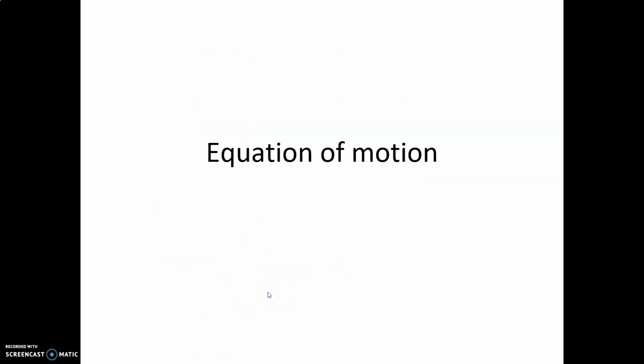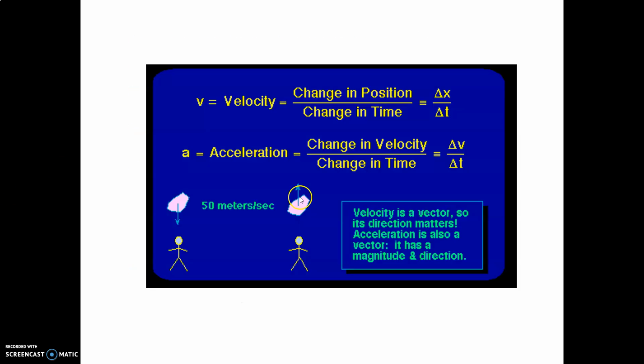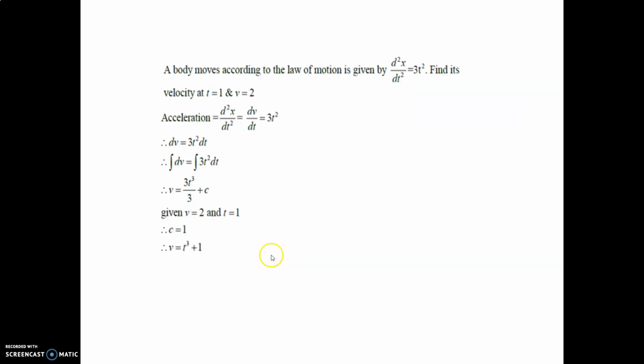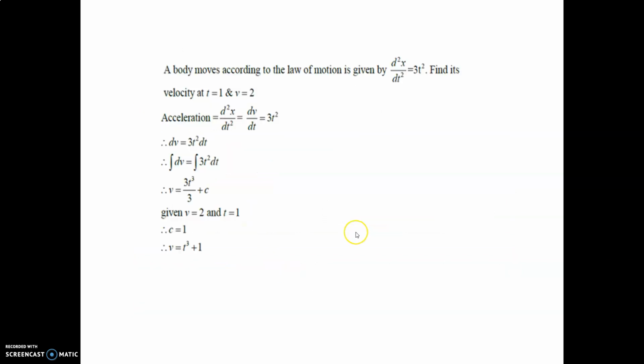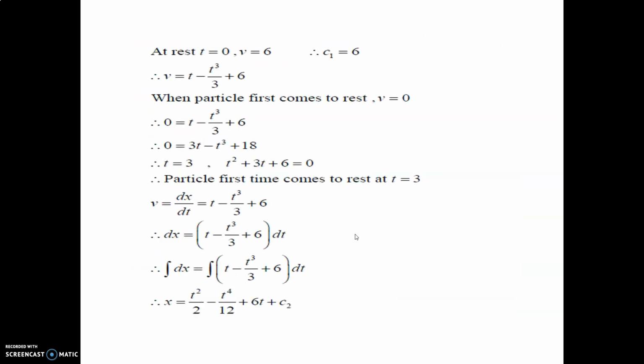Now, in this chapter, we have to discuss equations of motion. In the last topic, we discussed what? Force is equal to mass into what? Yes, we have to revise that force is equal to mass into acceleration. So force is there, so obviously motion is there.